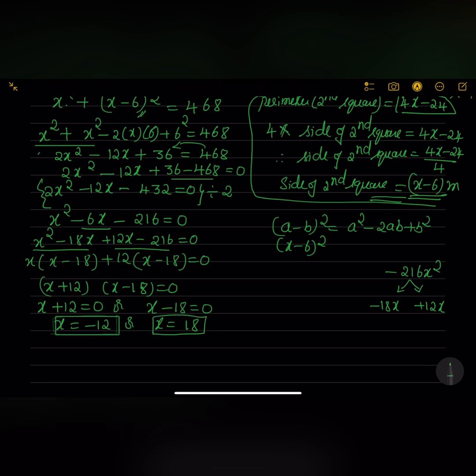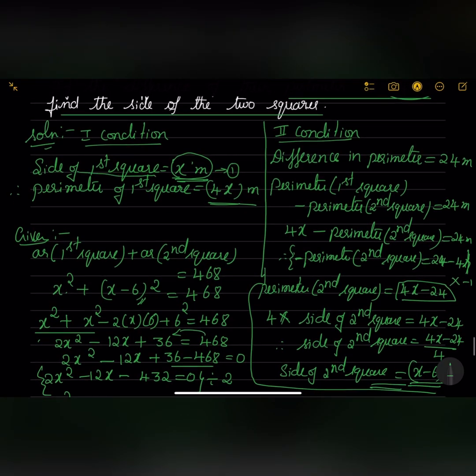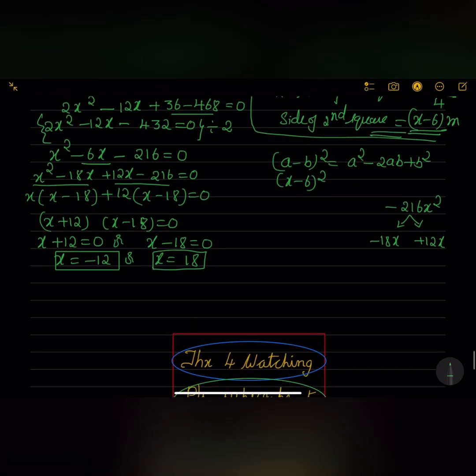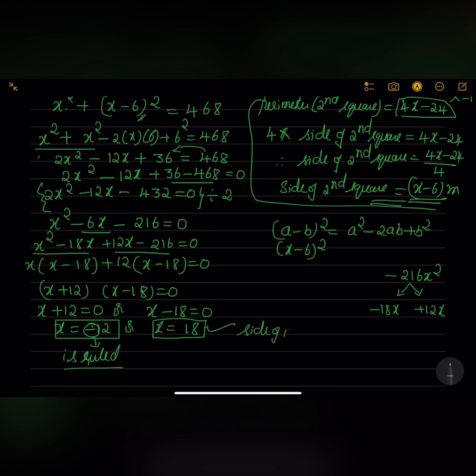Now what is x? X is the side of the first square, and minus 12 is ruled out, isn't it? Minus 12 is ruled out because the side of a square cannot be negative. Therefore, side of first square is equal to 18.